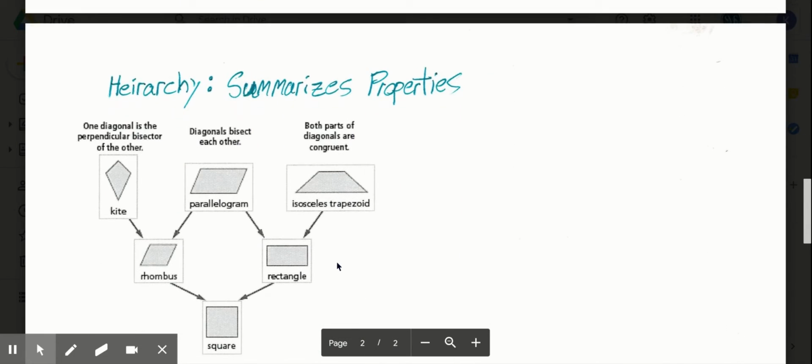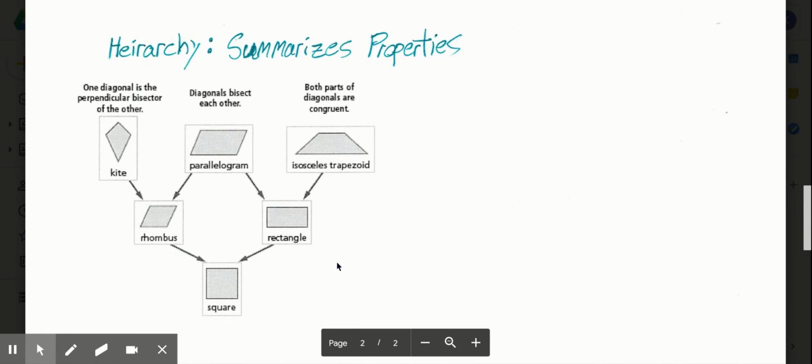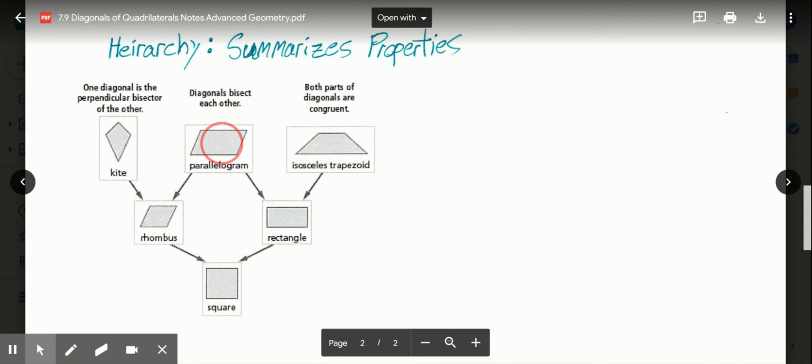Again, those beginning paragraphs are summarized here in this hierarchy. Anything that's below and connected to a section above it, those properties apply each time you move down. So the properties of a parallelogram and kite would apply to a rhombus.